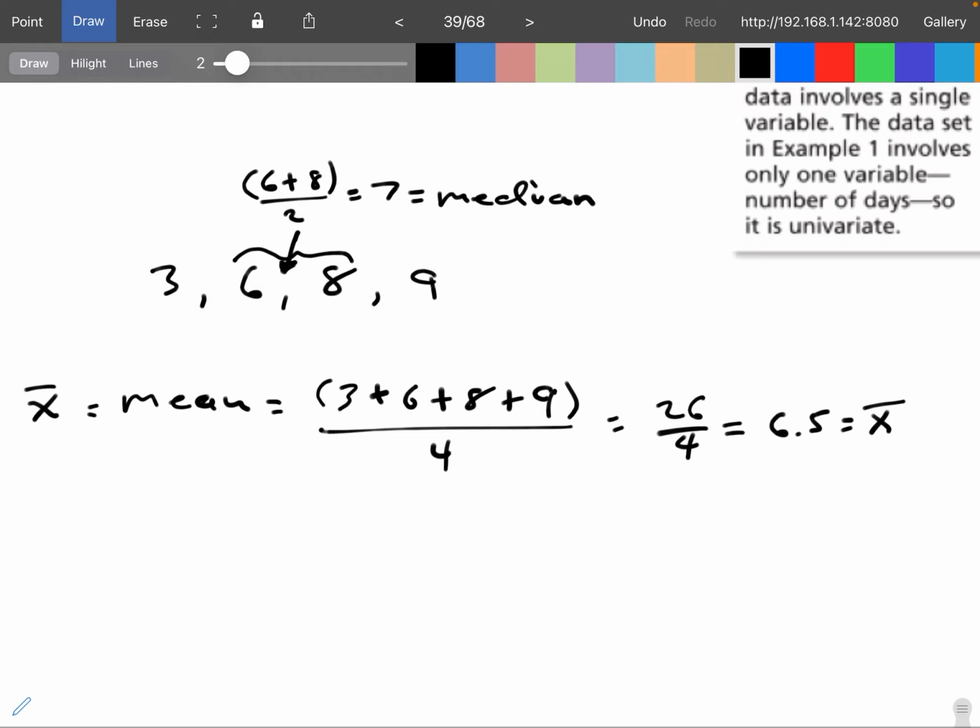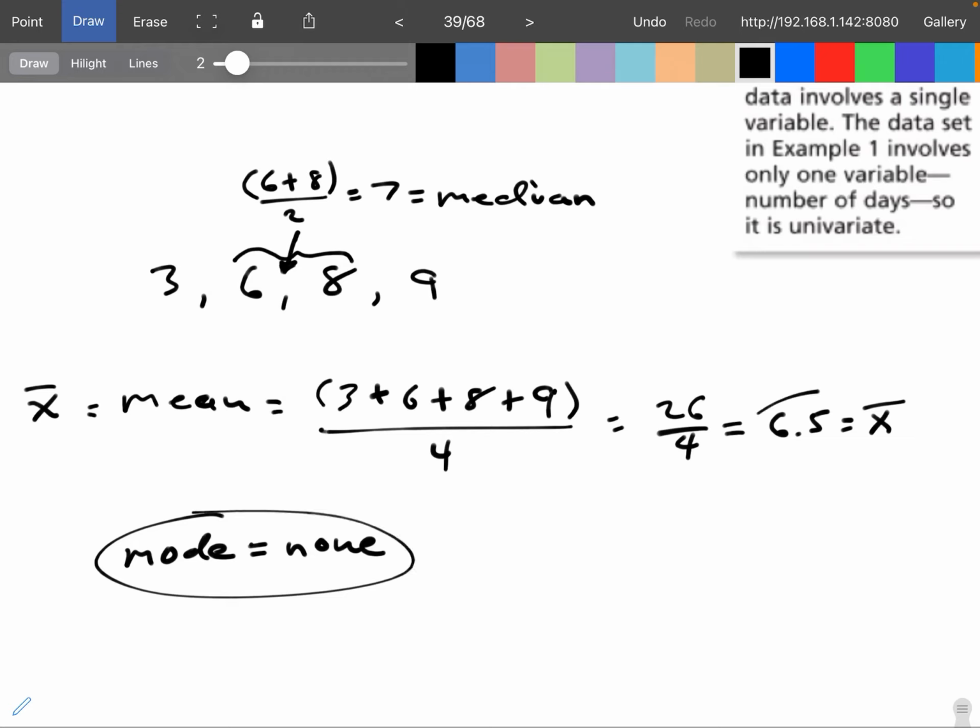The mode is the one that occurs most often, but these all occur just once, right? So there really is no mode on this one. So the mode on this one, we'll just put none. Okay, so the mode, there isn't one. The average or the mean is 6.5. The median is 7.